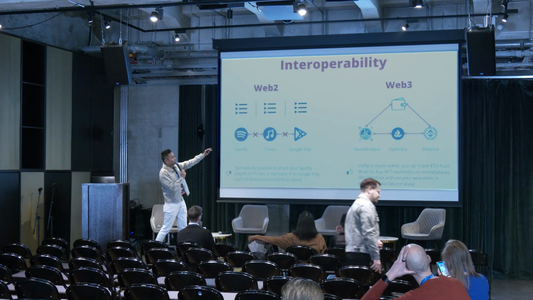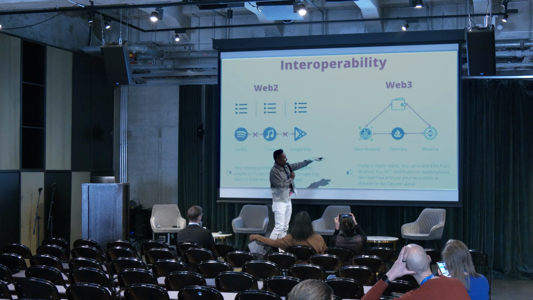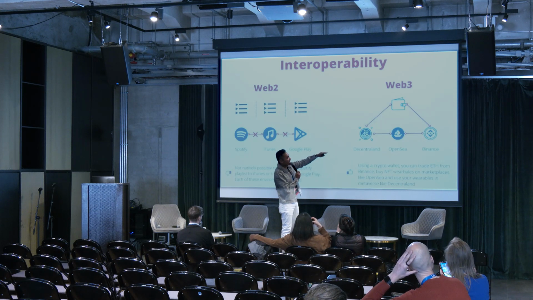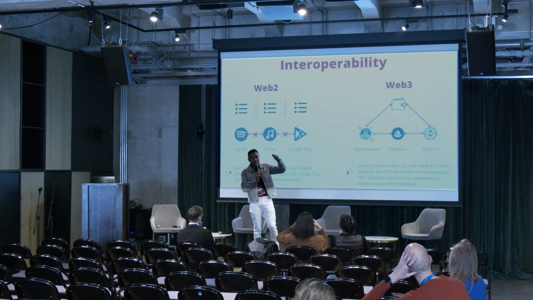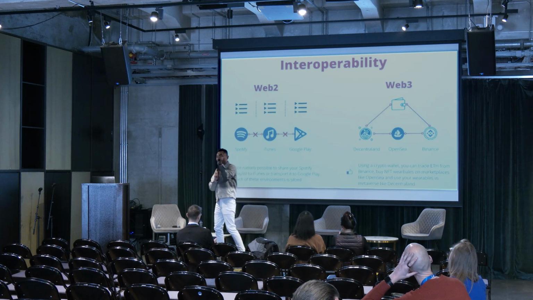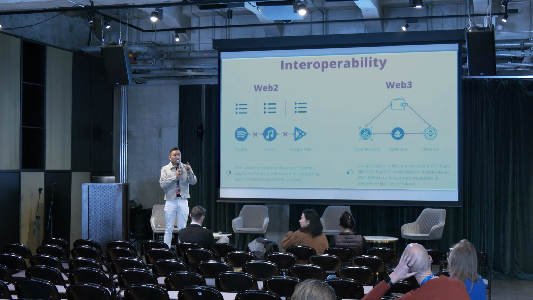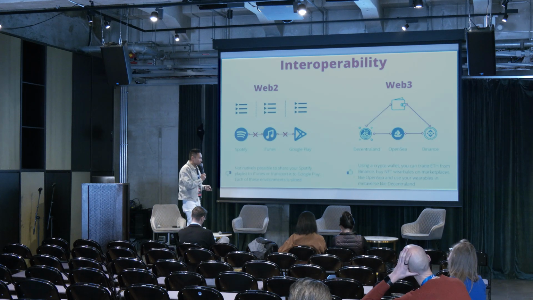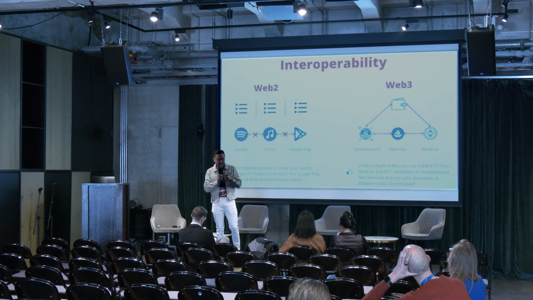In Web3 you have Decentraland, OpenSea, Binance, and in order to access these platforms you need a wallet, like MetaMask or another one. That's how interoperability works: systems can talk to other systems in the Web3 world, and that's how you can buy NFTs and other things.